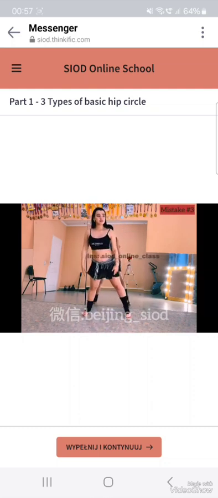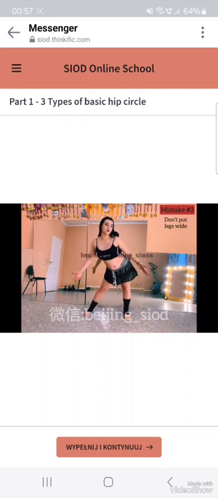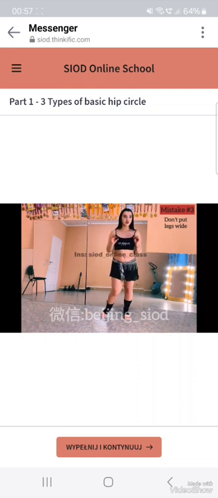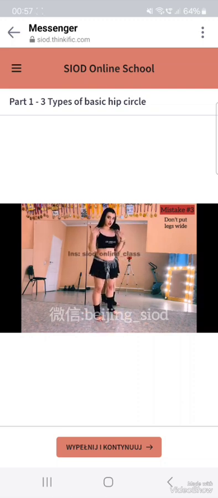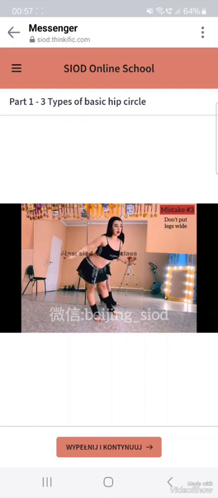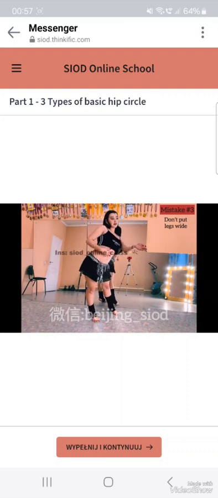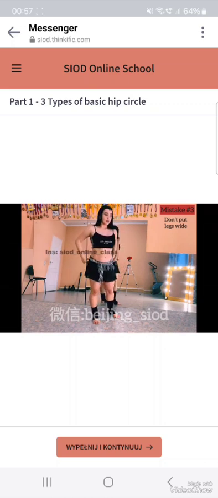It's when girls put their legs very wide like that. No need to put legs at a very big distance. Everything must look nice, and if you make a hip circle, you need to put your legs the same distance as the distance between your shoulders. Even if you make all kinds of hip circle, you need to put your legs the same distance as between your shoulders.